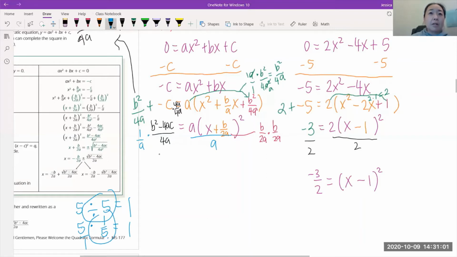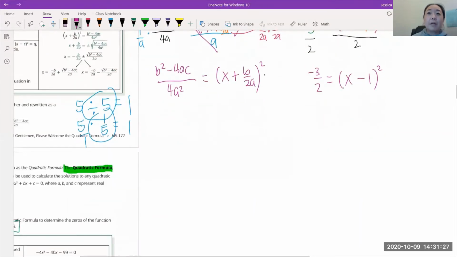Let's try to use the same colors here. So b squared minus 4ac over 4a squared, because a times a is a squared, equals, now remember the a's cancel out, happy days, x plus b over 2a squared. So now what do we do from here? Got that square, got to get rid of it.